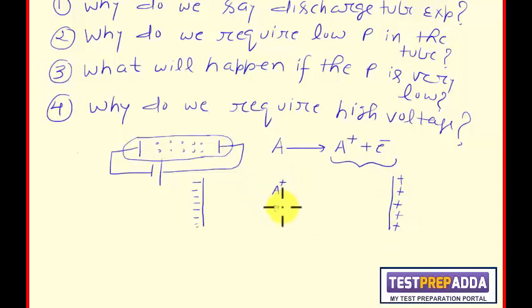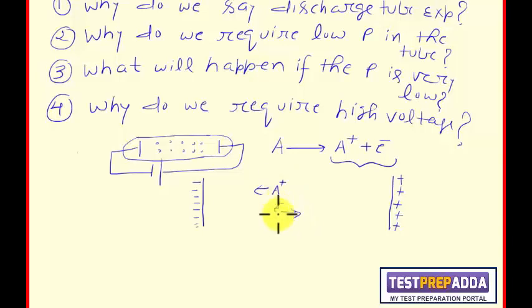These charged particles, under the influence of potential difference, start moving. The positive particle will move towards the negative pole, the cathode, while the electron will move towards the positive pole, that is anode.